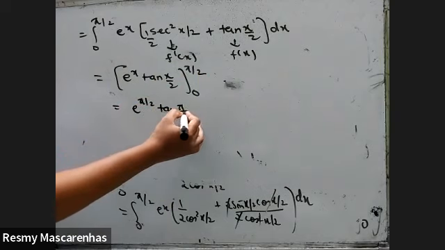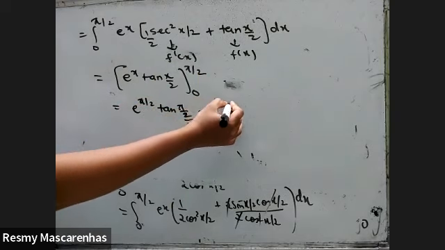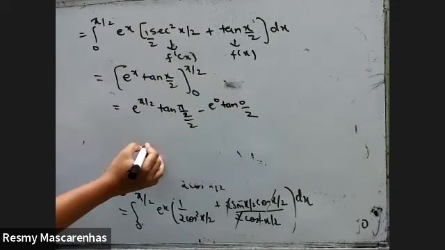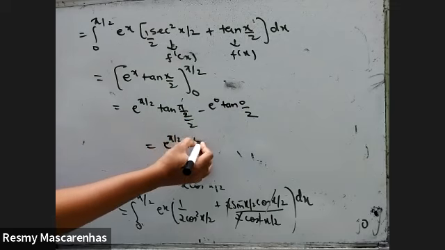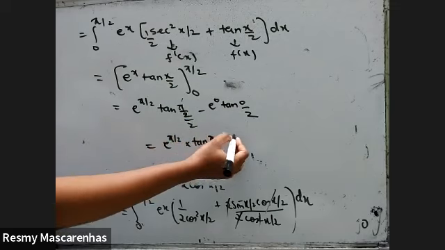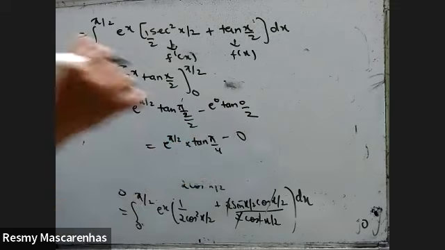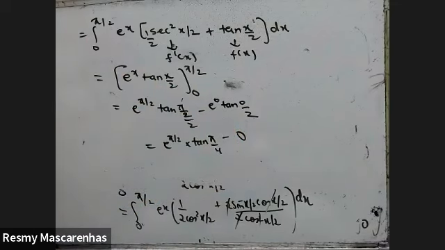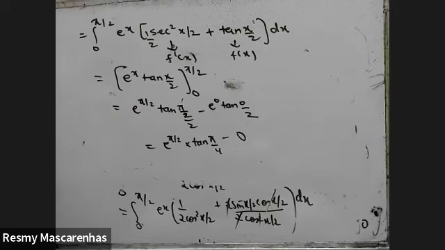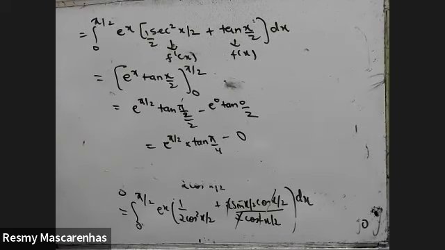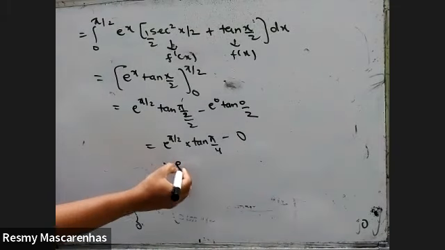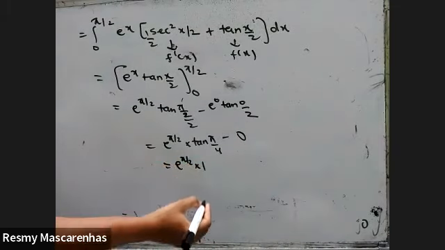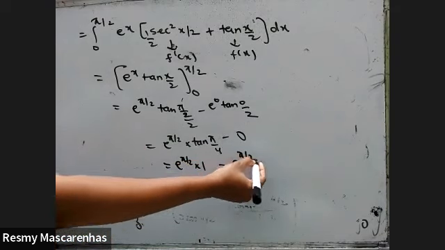Don't cancel this. This will reverse and become pi by 4. Tan pi by 4 is 1. The answer is e raised to pi by 2.